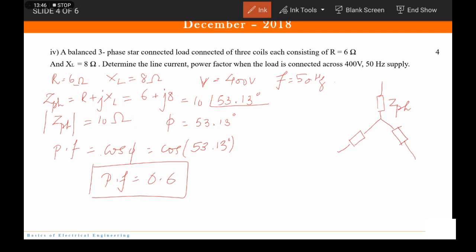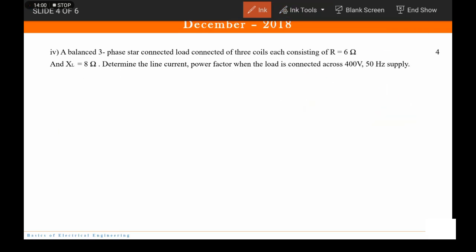Now we have to find the line current. Whatever voltage is specified in a three-phase supply is always the line voltage. Since it is a star connection, you have to remember that line current is the same as phase current, but line voltage is not the same as phase voltage.